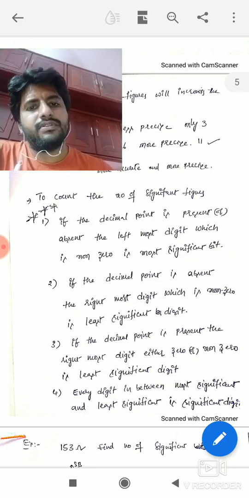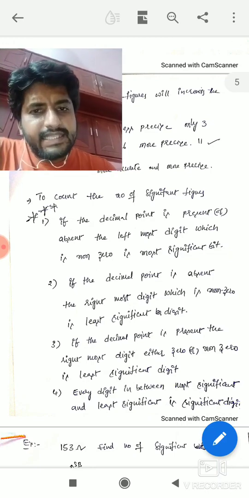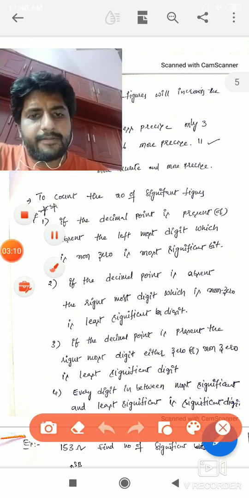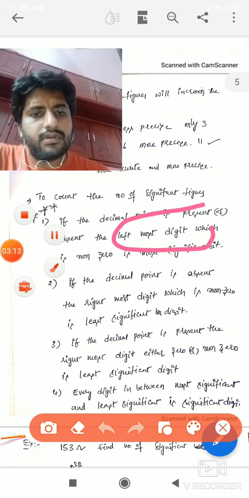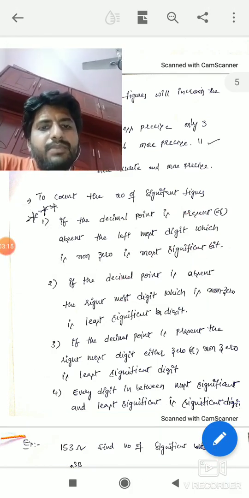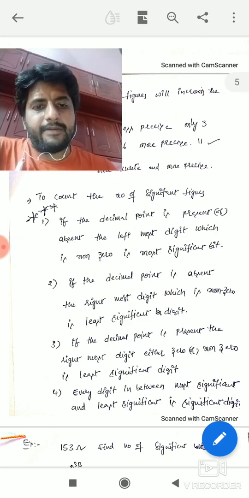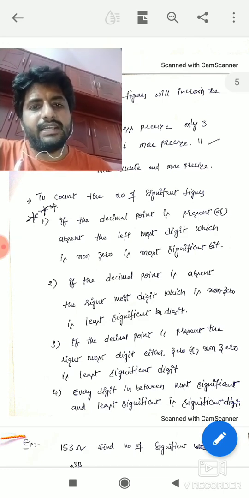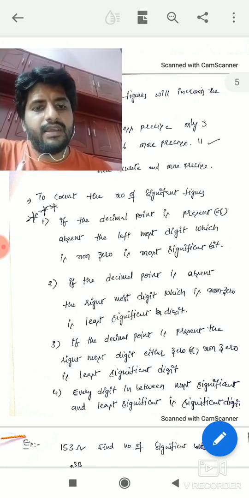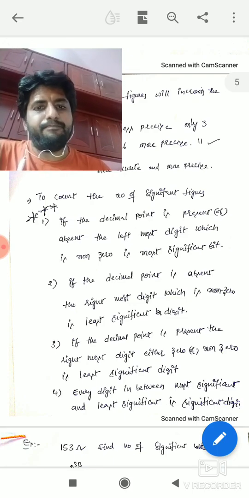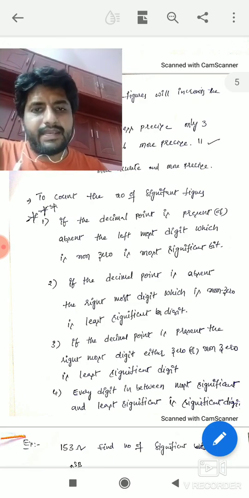There are 3 rules. The first rule: if the decimal point is present or absent, the leftmost digit which is non-zero is the most significant bit, right? I'll clearly explain with an example.